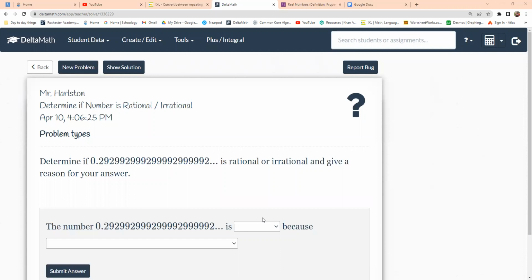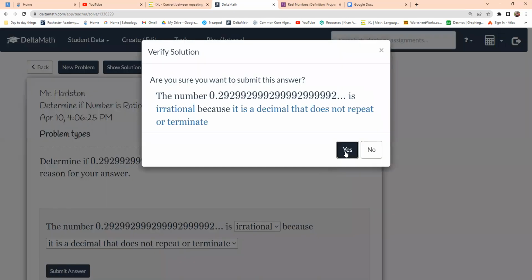If this was 2 9, 2 9, 2 9, 2 9, then this is rational right here. This up here is irrational. All right, so let's go back to delta. It's irrational, and it's because it does not repeat and it doesn't terminate. So you would submit it, and that would be it.